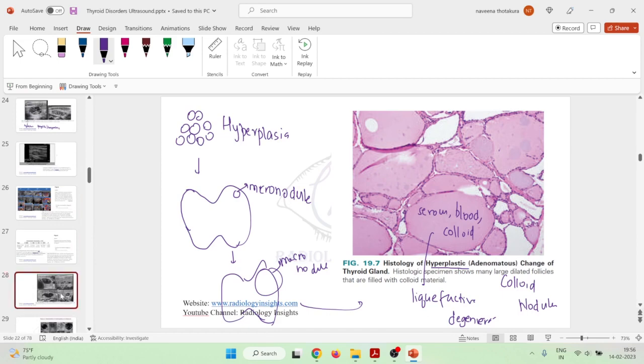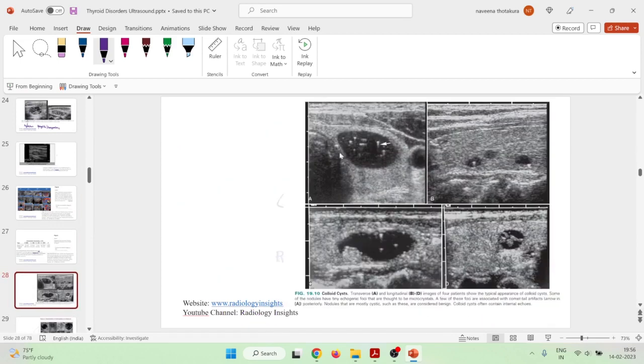So if you see here, this is the colloid or serous, which is seen as anechoic areas. Here you can see the anechoic areas, right? This anechoic area is mainly because of the serous or colloid fluid, which is seen in the nodule. That is number one.